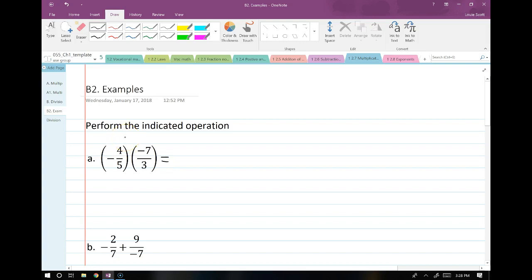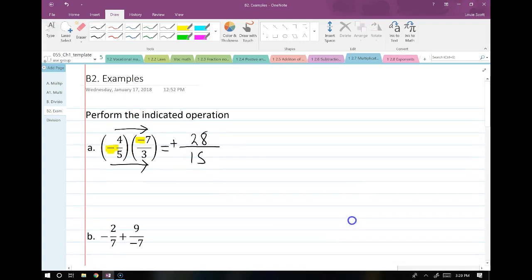I'm just going to ignore the negative signs for now so they don't get in the way. So I'm going to say 4 times 7 on the top. That gives me 28. And then I'm going to say 5 times 3 on the bottom. That gives me 15. Now I'm just going to notice I have 2 negative signs, which makes the result positive. I put a plus there, but you don't have to.